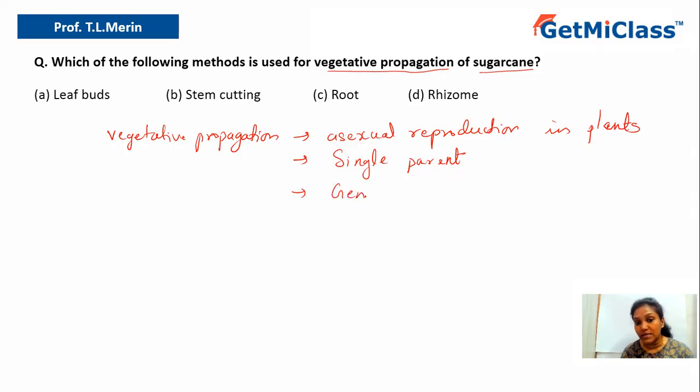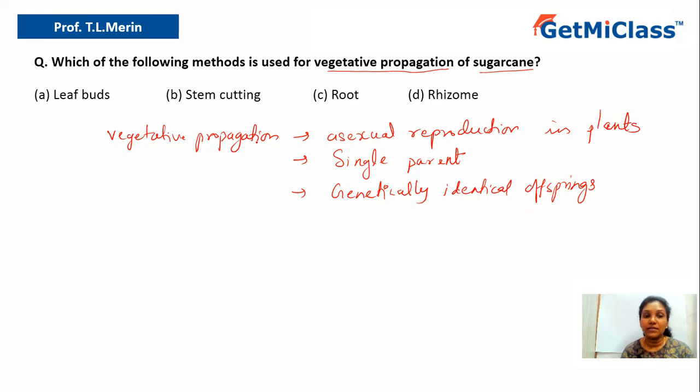So by vegetative propagation, we can produce genetically identical offsprings. They are genetically identical among themselves, and they are also genetically identical to the parent from which they have been produced.